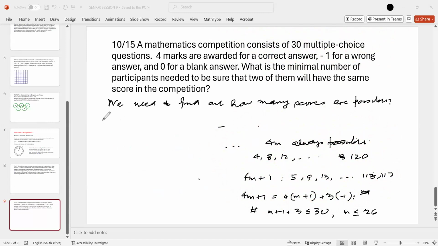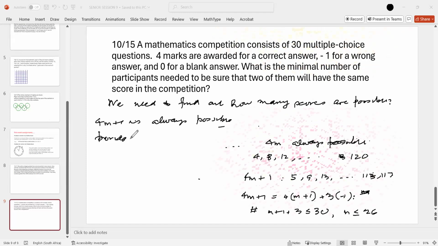I can say 4m plus 1 is always possible because that's what I got here. You can get m plus 1 correct answers and 3 negative answers, provided m plus 1 plus 3, the total number of questions you answer, is at most 30, which is m less than or equal to 26.